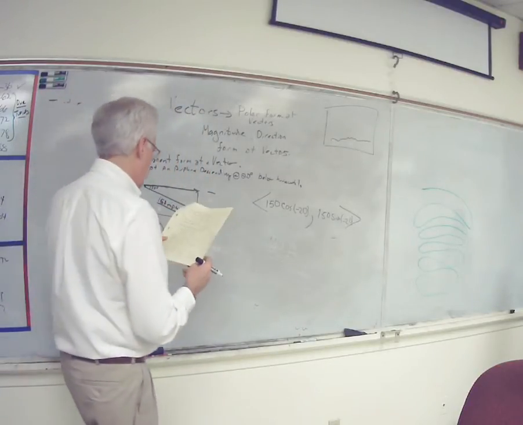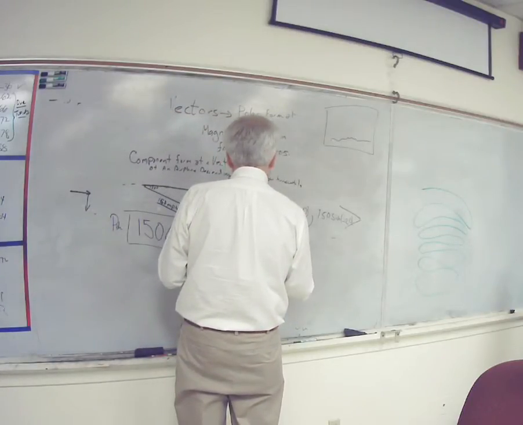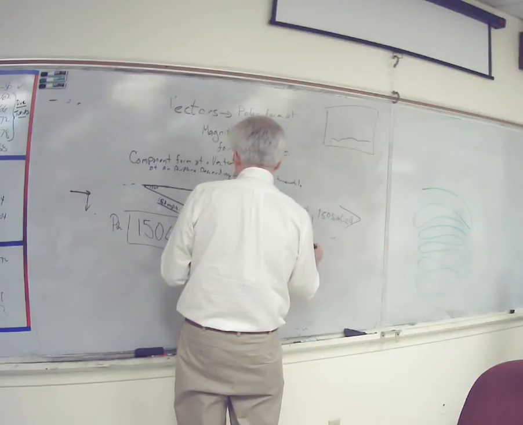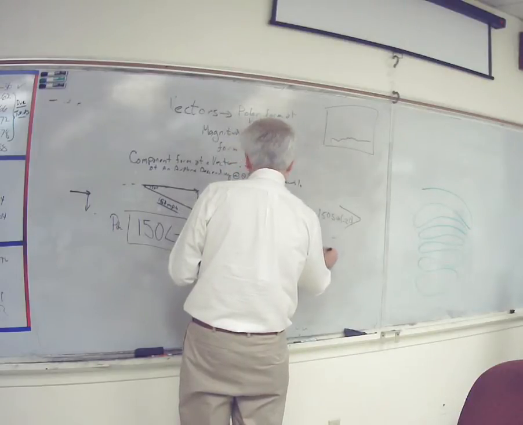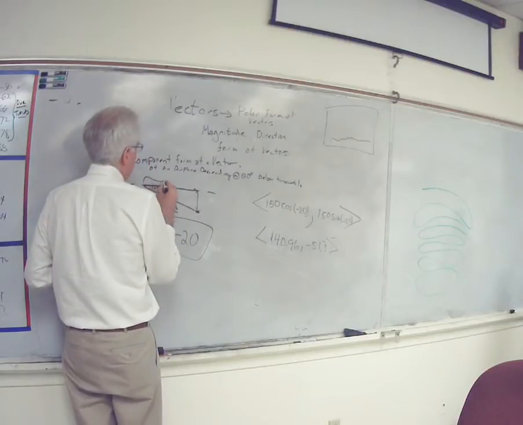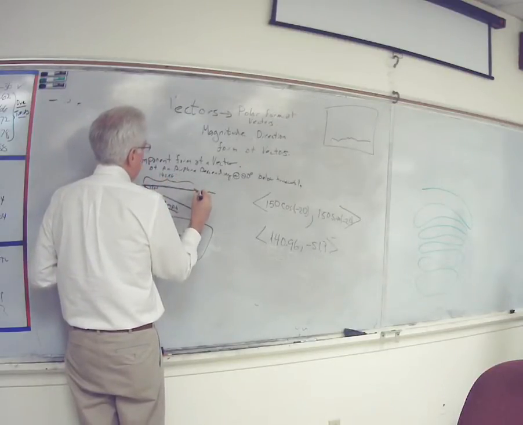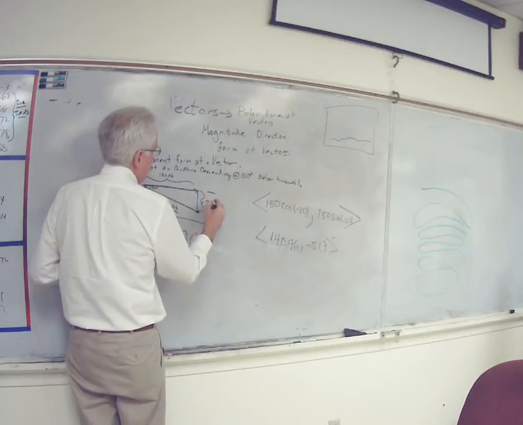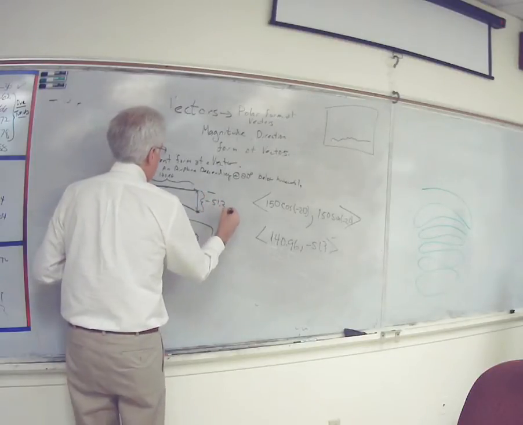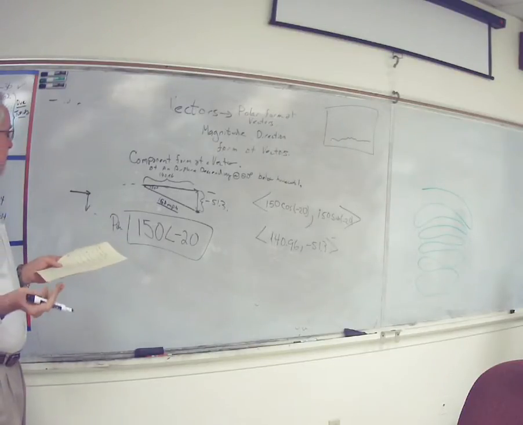That's just solving the triangle. And then what you get is 140.96 and minus 51.3. So this speed in this direction is 140.96, and this speed in this direction is minus 51.3. Does that make sense? So that's pretty simple, what we've done.